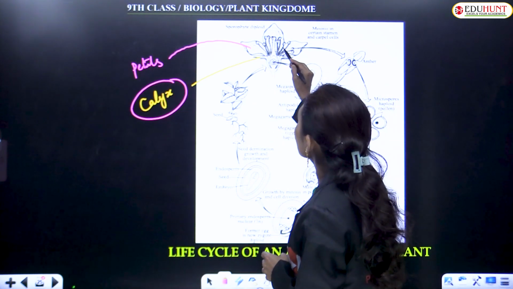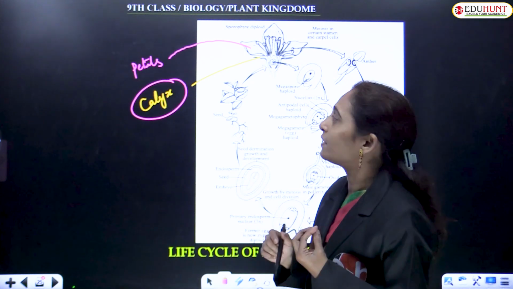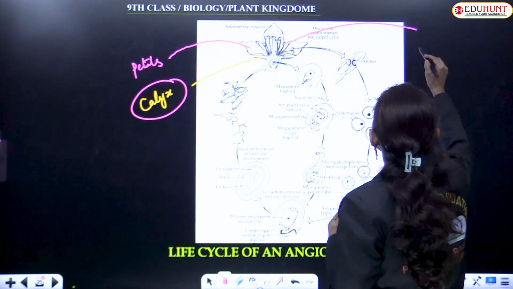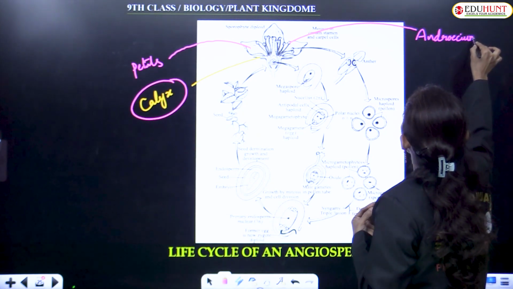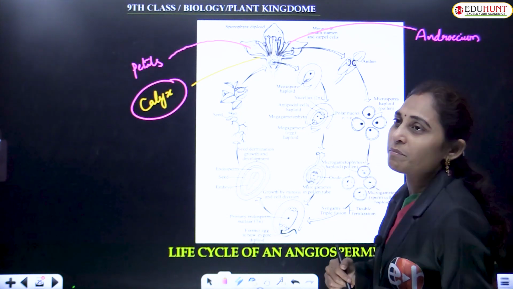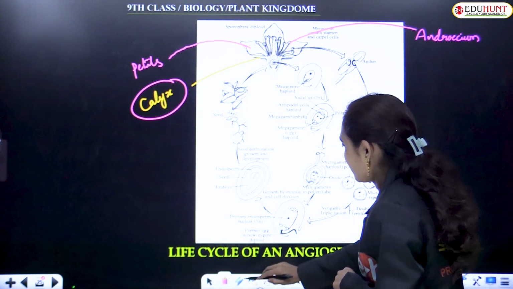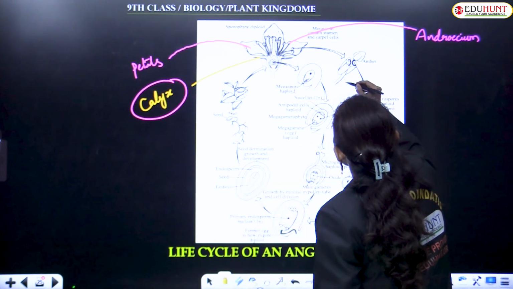And the third whorl or the third circle is the androecium. Androecium consists of stamens. This is the stamen.